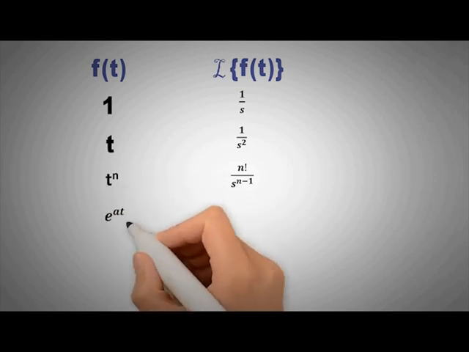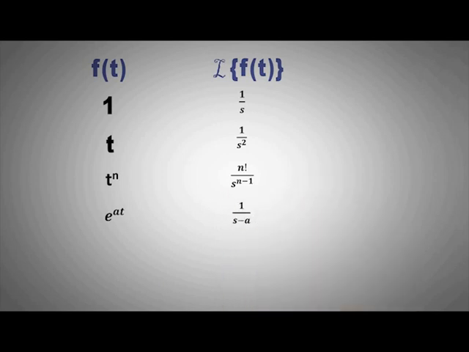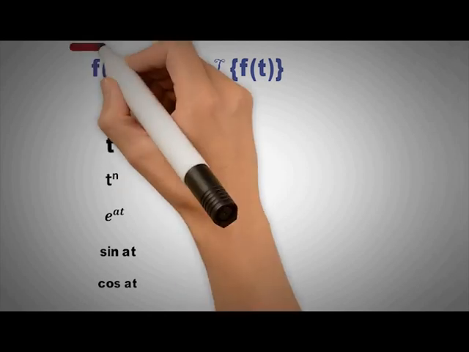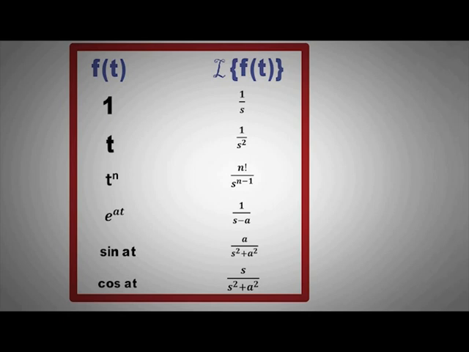Laplace transformation of e to the power at is equal to 1 upon s minus a. Laplace transformation of sin at is equal to a upon s squared plus a squared. Laplace transformation of cos at is equal to s upon s squared plus a squared. You can use these results directly when you are solving problems.